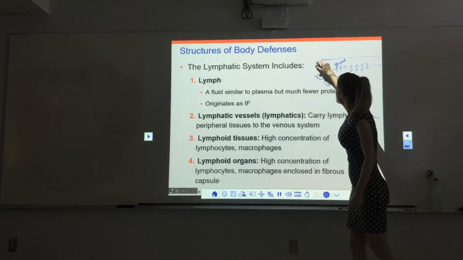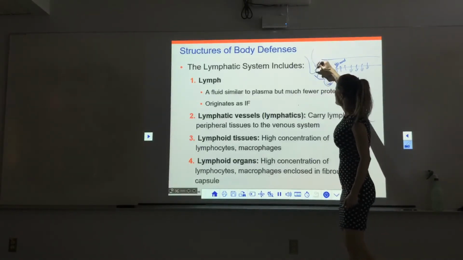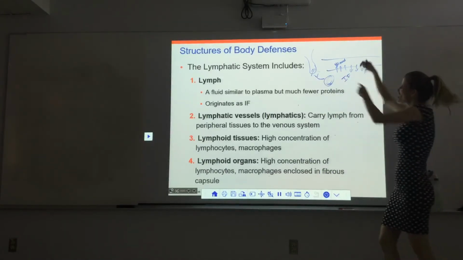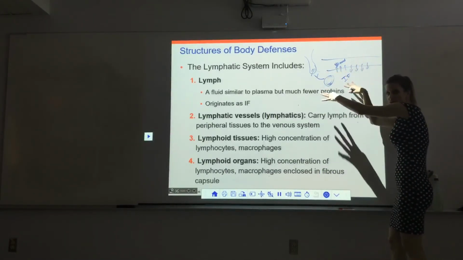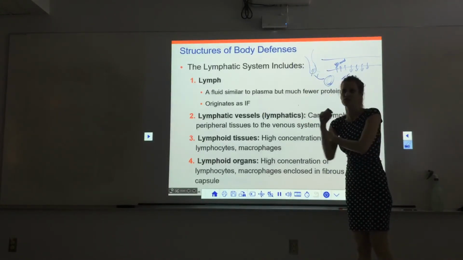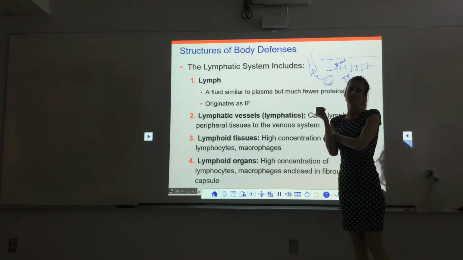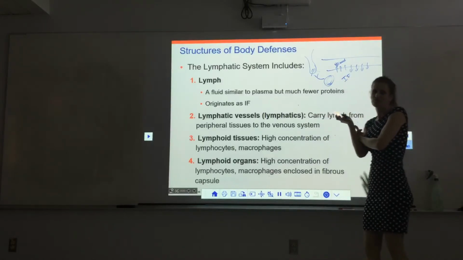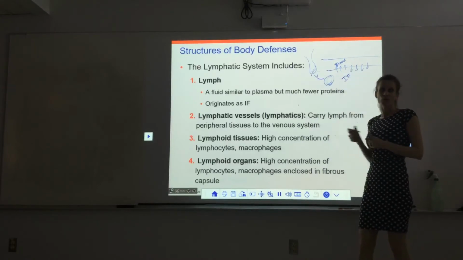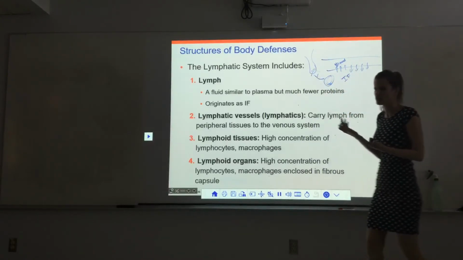That ends up going into a lymphatic vessel as lymph. So essentially all the stuff that was in the blood that got filtered out can then enter as lymph. What does not get filtered out of the blood? Plasma proteins. So that's why the plasma proteins don't end up in the lymph, because they stay in the blood. Okay? But otherwise, it's pretty similar in composition.